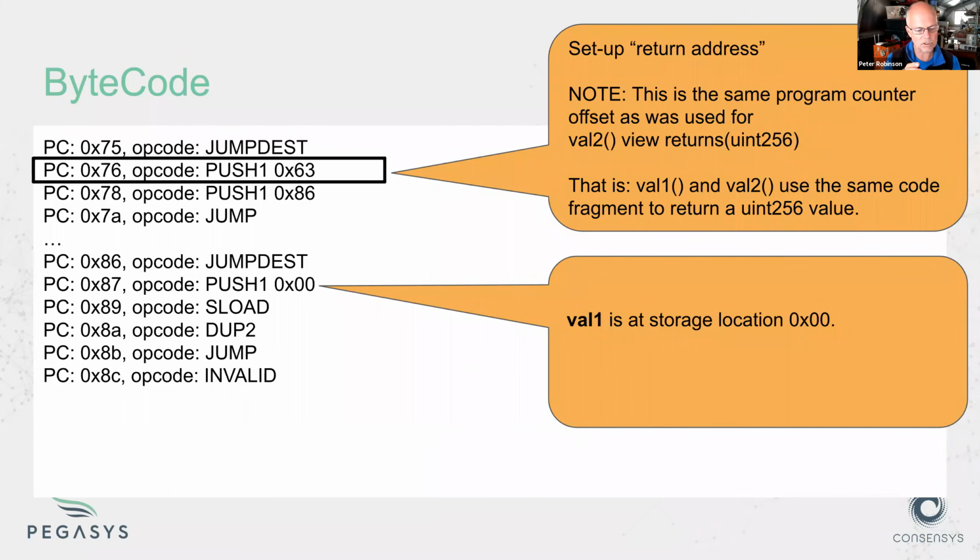And because it's common code, it can be reused between the two functions, the two view calls. And you notice that when it's getting to 0x87, we're doing an sload from location 0. So very similar code. It's essentially reusing code, which is interesting. It means your bytecode will be smaller.